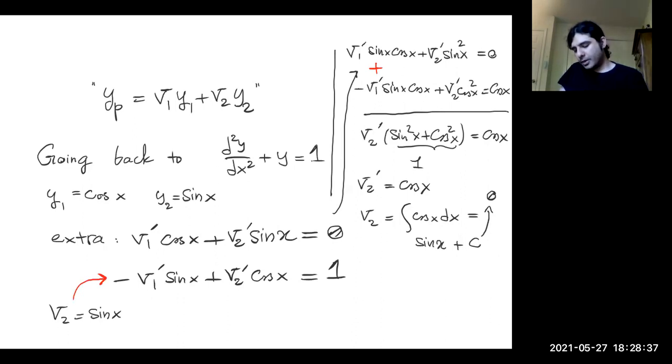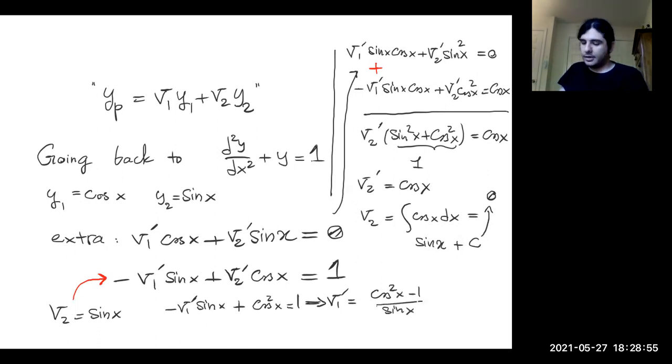So v2 prime would be cosine, therefore v1 prime sine of x plus cosine squared of x is equal to 1. Therefore v1 prime would be cosine squared of x minus 1 over sine of x. So cosine squared minus 1 is minus sine squared of x, and the result of this division is just minus sine of x. Therefore, v1 is the integral of minus sine of x, which would be cosine of x.